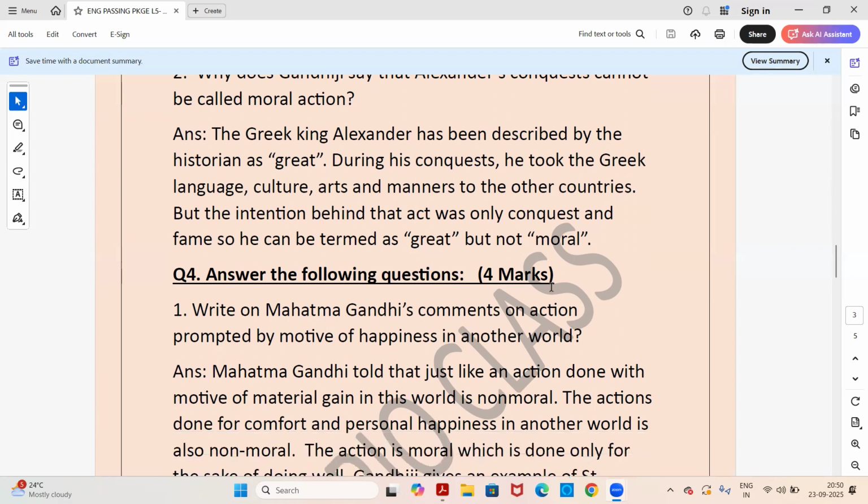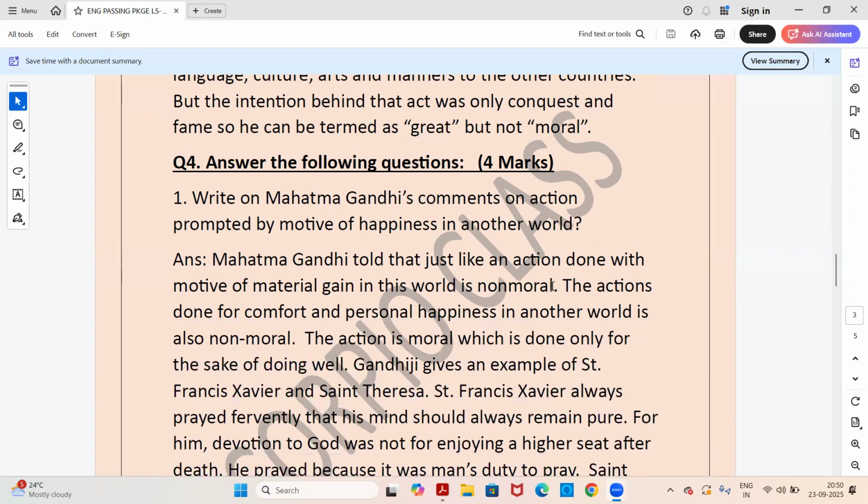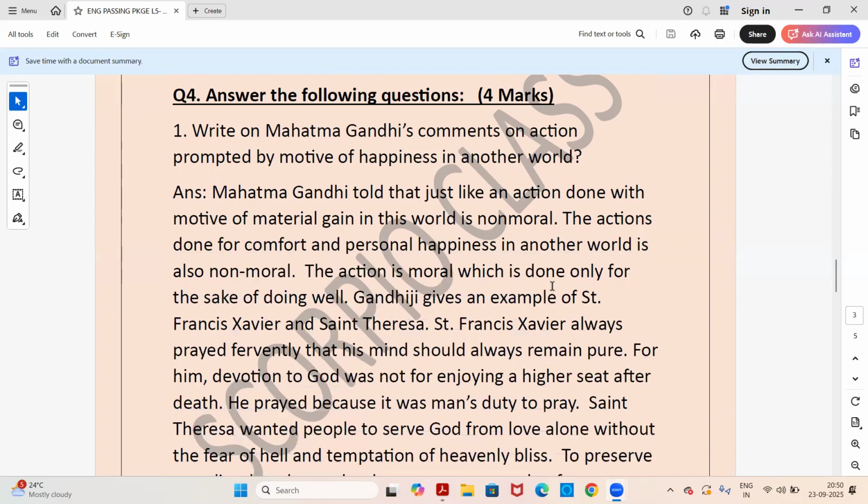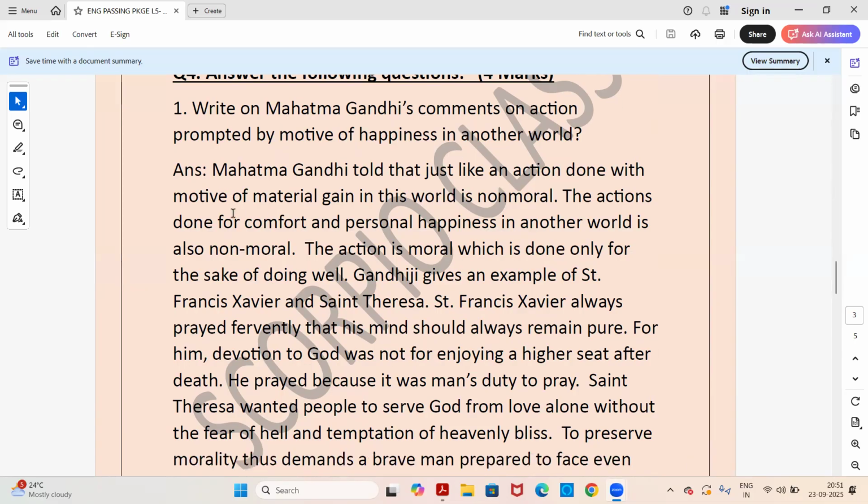Okay. Now let's move on to the 4 marker questions from this chapter, which are important and could be asked in the exams. So first question here. Write on Mahatma Gandhi's comments on action prompted by motive of happiness in another world. So let's check the answer.